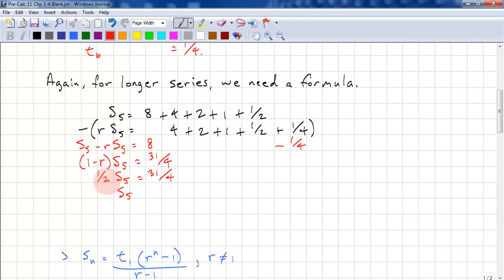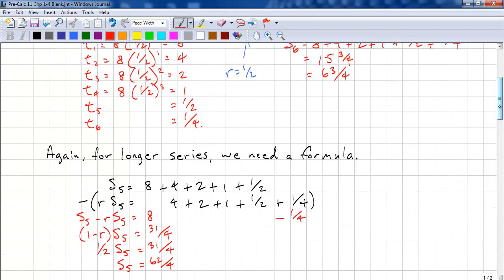Now we need to divide both sides by 1/2. That's the same as multiplying by 2. So 31 times 2 is 62. And if we look up here, this is S6, so we need to just add 1/4. Adding 1/4 to 62/4 gives us 63/4. So that shows that our formula here works.